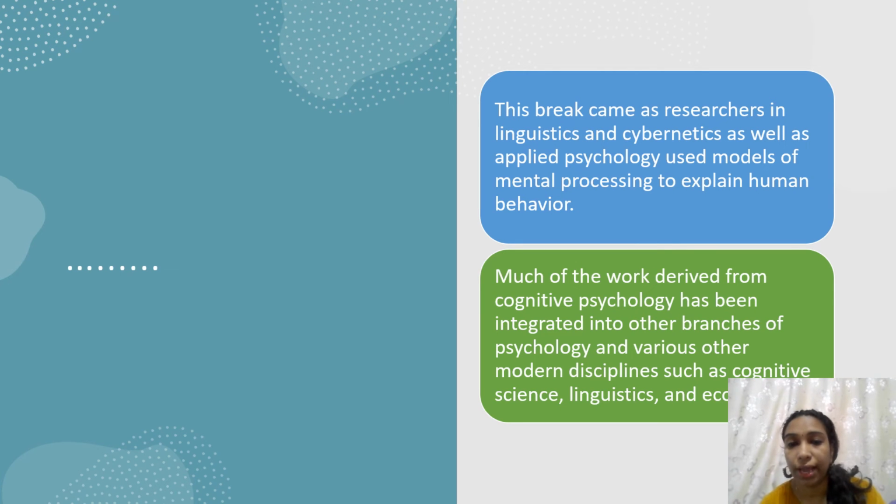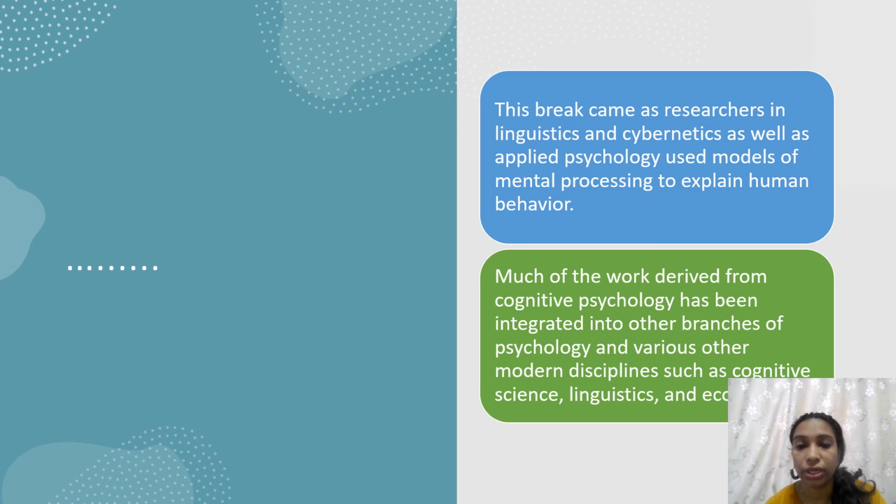This break came as researchers in linguistics and cybernetics as well as applied psychology used models of mental processing to explain human behavior. Up to the 1960s there were only behavioral studies. The break came in this era, and it was very helpful to researchers in linguistics, cybernetics and applied psychology.